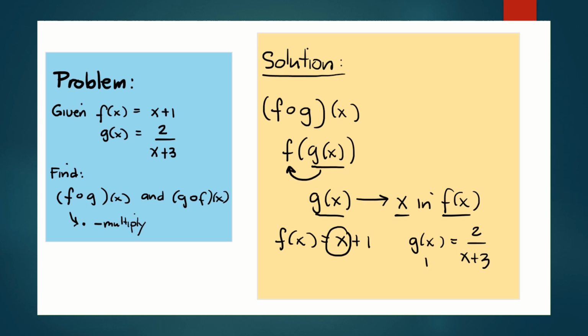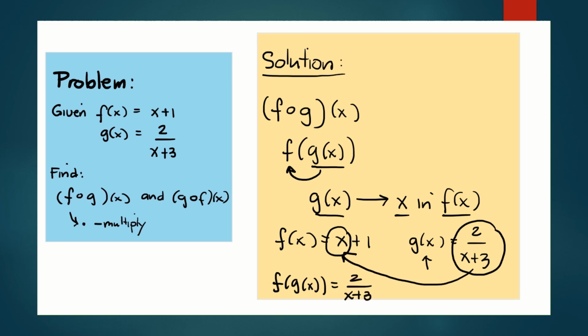This g that we have, which is 2 over x plus 3, will go to the x of f of x. And the result, f of g of x, is that the x becomes 2 over x plus 3, and we still copy the plus 1. After that, we have to simplify the expression.